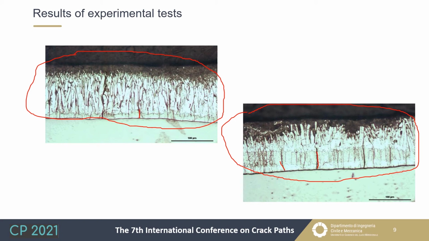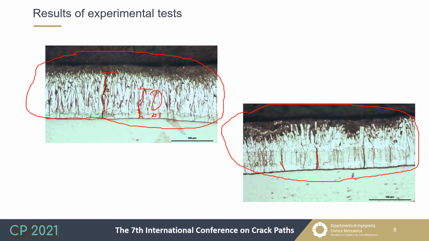You can see that the phases are almost the same, and the presence of cracks is greater in the delta phase. In this case, some of these cracks arrest at the delta zeta interface, and the others propagate in zeta, arresting in the zeta phase or in the eta phase.